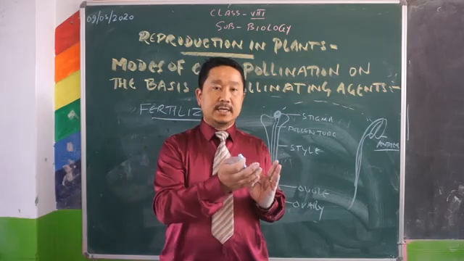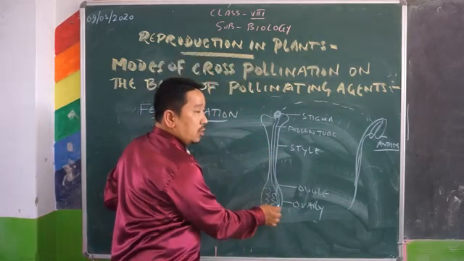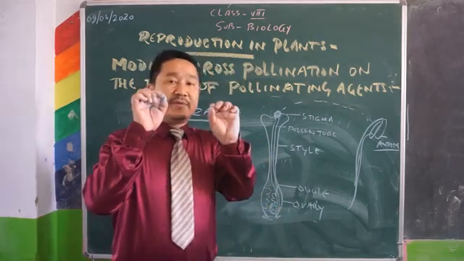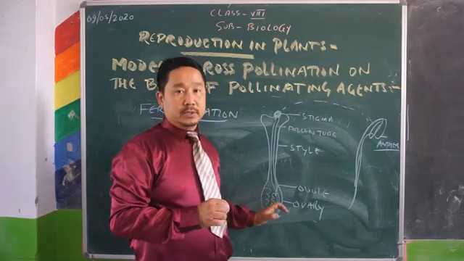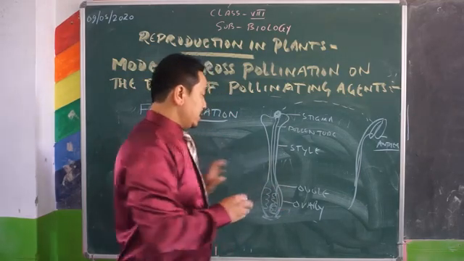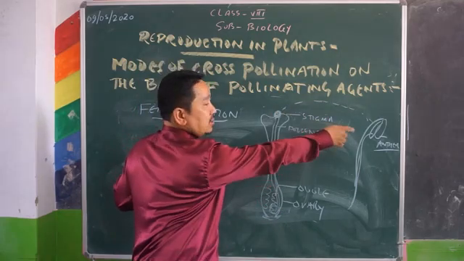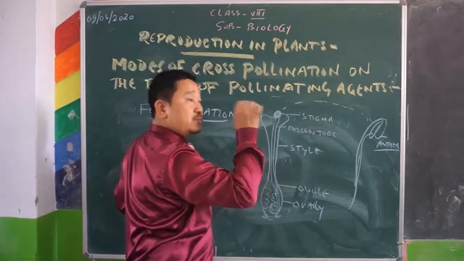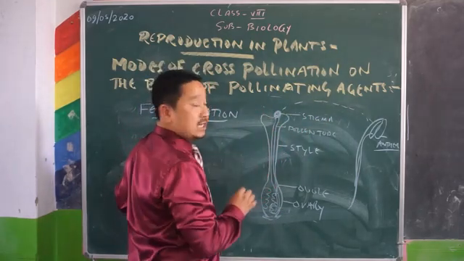It goes inside the ovary to find the female cell present in the ovule. The pollen grain, which is coming from there, contains the male reproductive cell.